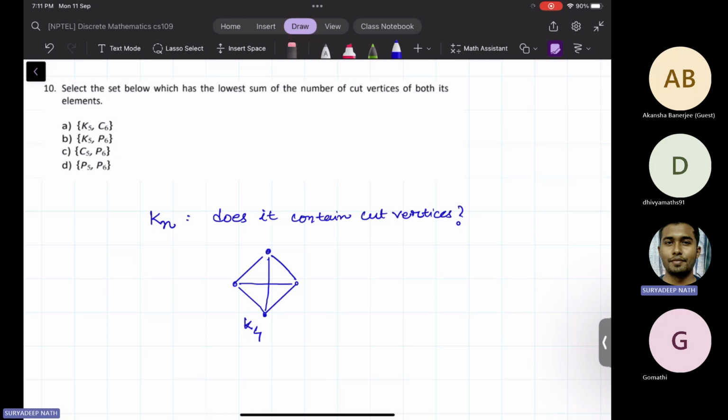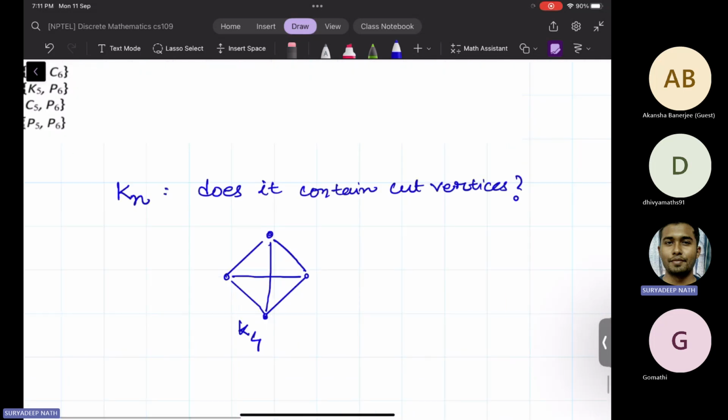Now what do you think? Does this contain any cut vertex? Can this graph contain a cut vertex? Kn by definition is a complete graph, so all nodes are connected with each other. If I remove one of the vertices, what will happen to the other vertices? Will they remain connected with each other? Yes, sir, they will remain connected.